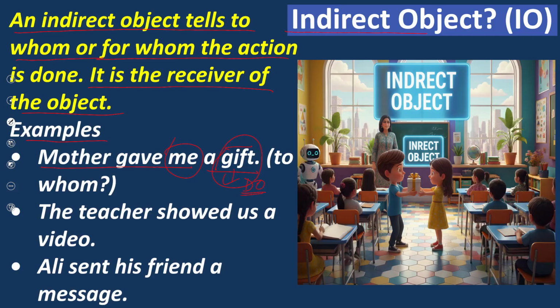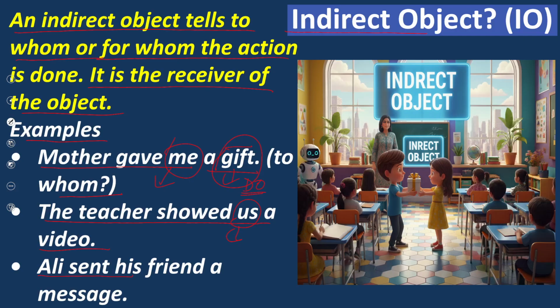To whom? Me. So whatever word is the answer of to whom, that will be called the indirect object. The teacher showed us a video. What did the teacher show? Video. So video is the direct object. To whom? Us. So it means that the answer of to whom is us. So us is the indirect object.